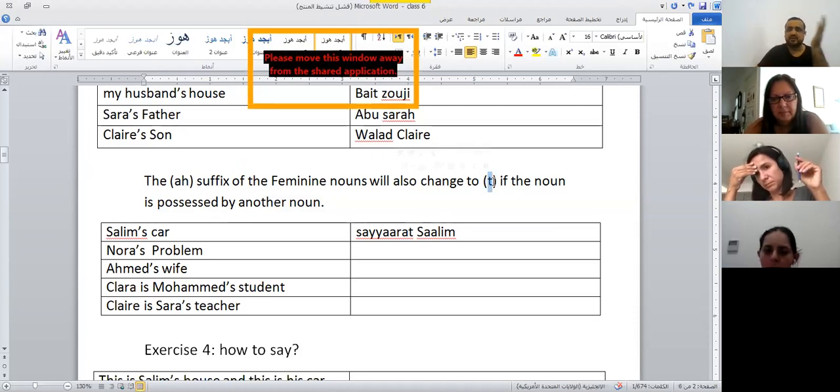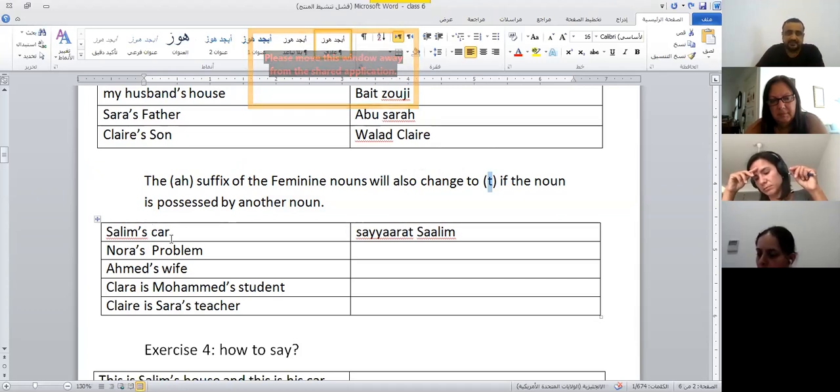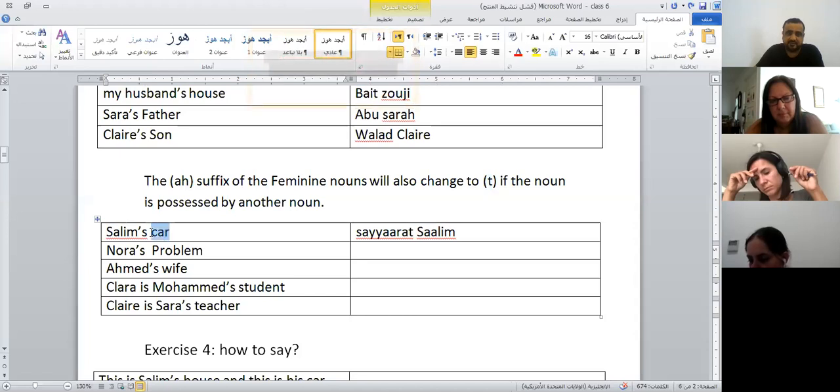So سيارة will become سيارات. زوجة will become زوجات. صديقة will become صديقات. طالبة طالبات. زميلة زميلات. So when we say Salim's car here, car is feminine. So instead of saying سيارة Salim, we say سيارة Salim.